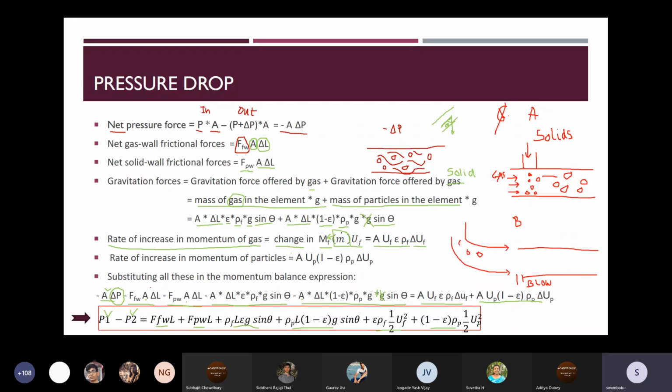And I'm only interested in the pressure drop from here to here. In this case also, I'm only interested to estimate the pressure drop.